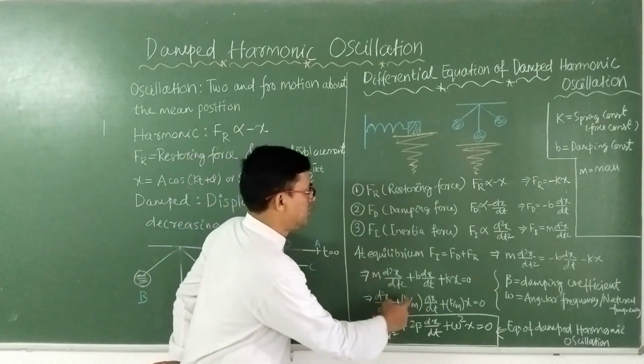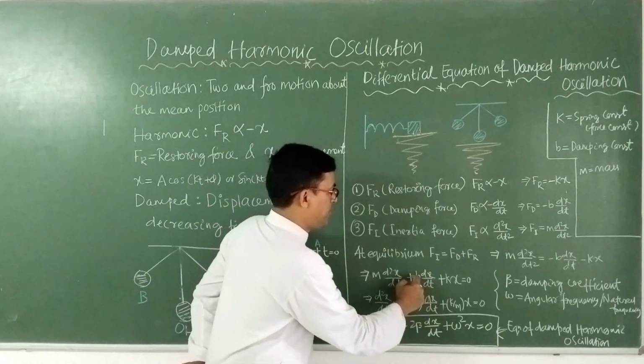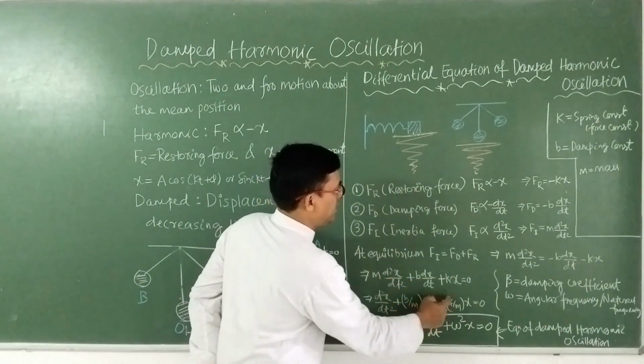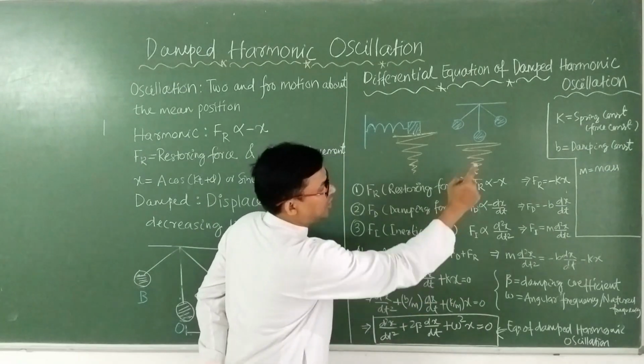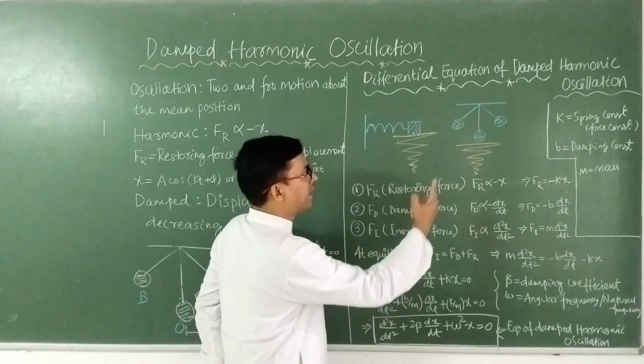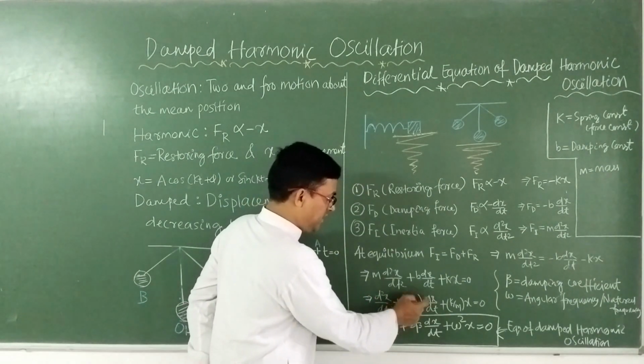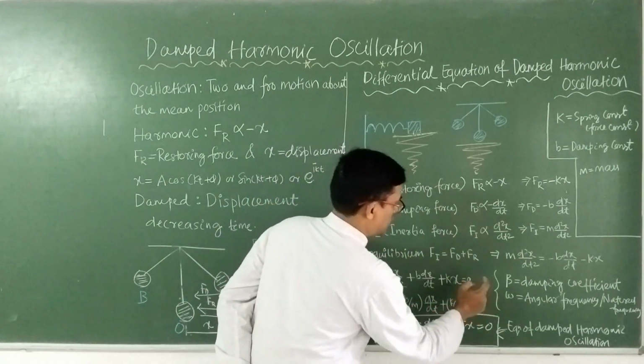Now we divide by m, and we find b by m and k by m. This b is called the damping constant, and k is called the spring constant or force constant. Then we get d square x by dt square plus b by m dx by dt plus k by m x equal to 0.